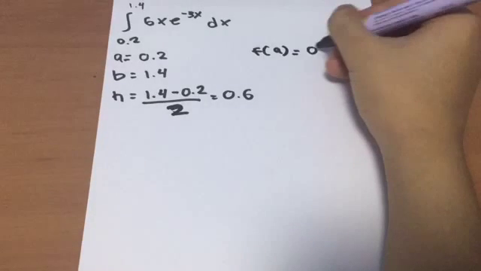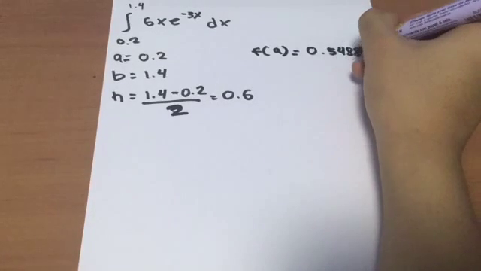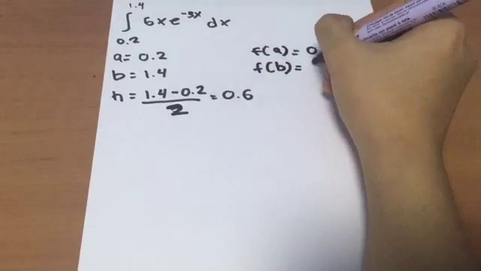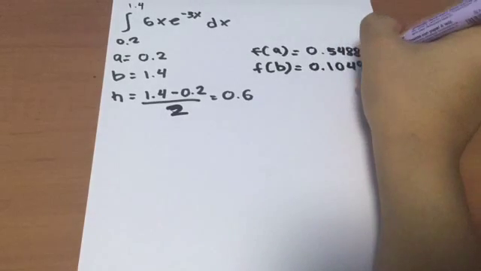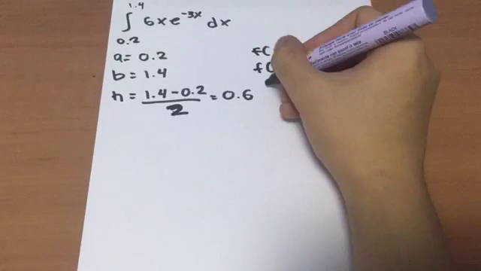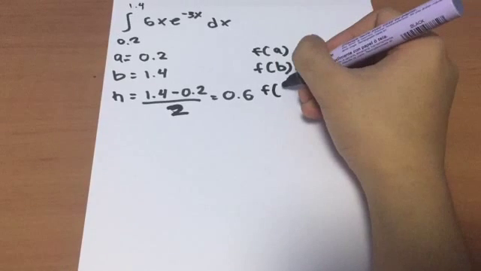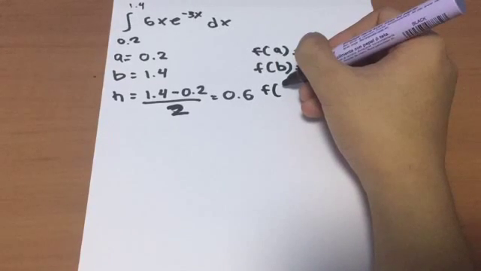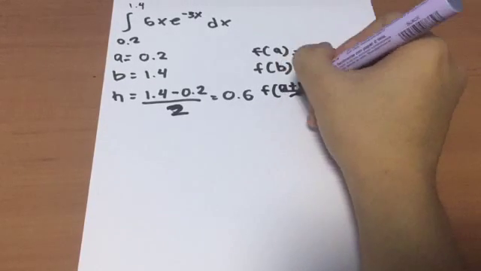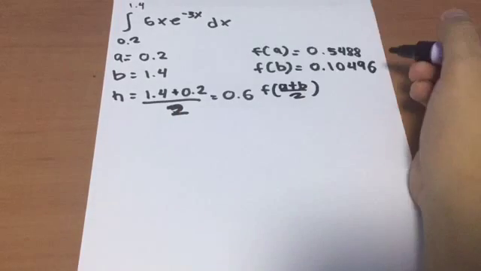We simply substitute those to our function for f of a, f of b, and f of h, so that we can easily plug those into our main equation for Simpson's 1/3 rule. Okay, so we have these values.